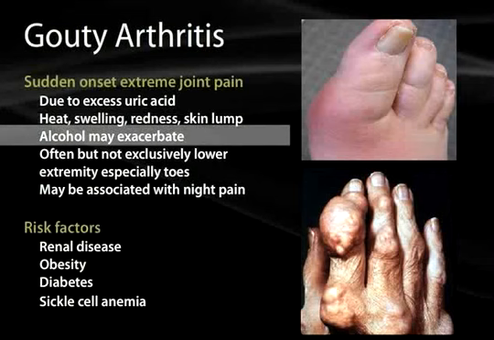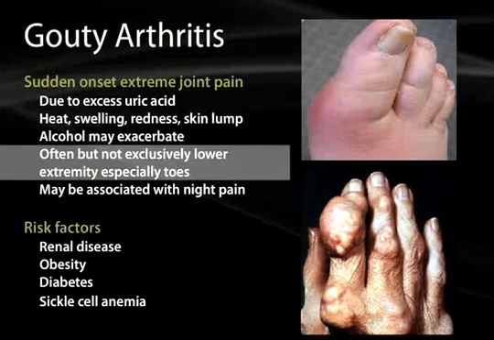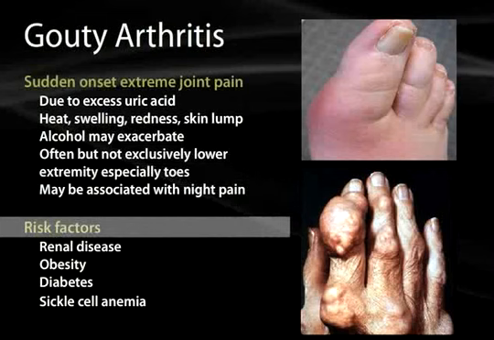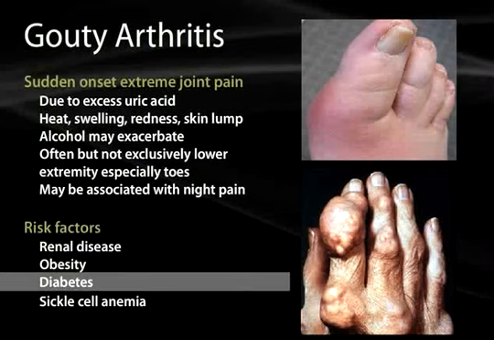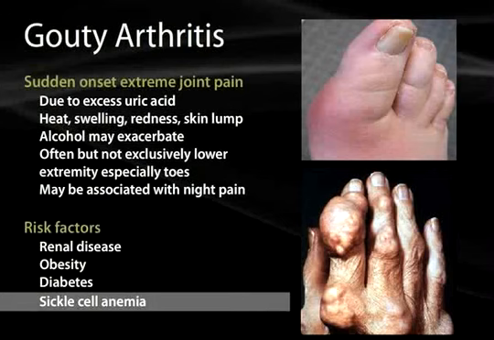It's exacerbated oftentimes by being overweight and also by alcohol. It tends to affect the extremities, more exclusively the lower extremities and the toes especially, but can also affect the hands, as seen in this bottom image. So we have several risk factors that make you more susceptible to gout: renal diseases, obesity, diabetes, and anemias.